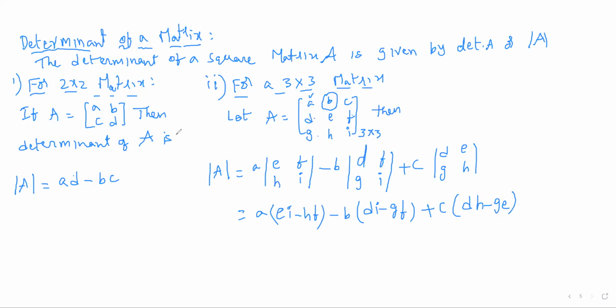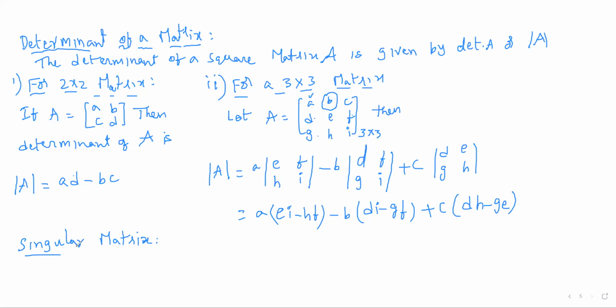Now we will go for the next type of matrix: singular and non-singular matrix. Next, singular matrix. A square matrix is said to be a singular matrix if its determinant is equal to 0.